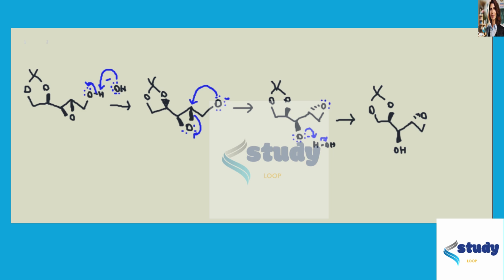Okay. And so the next thing that's going to happen is, we have this thiophenol, C6H5SH, and in the presence of base, which there is in here, sodium hydroxide, it is going to be deprotonated.